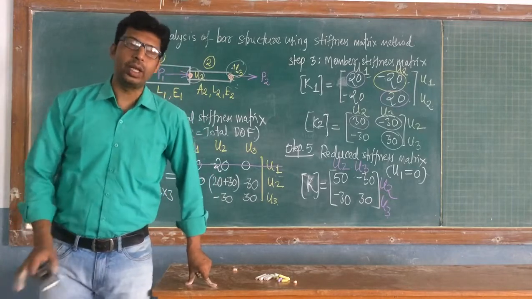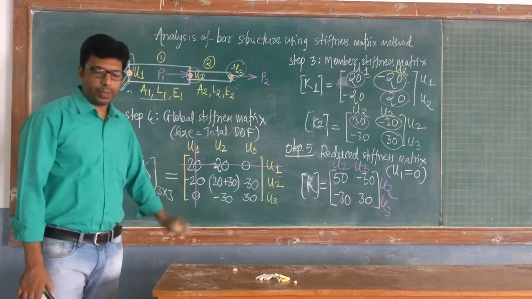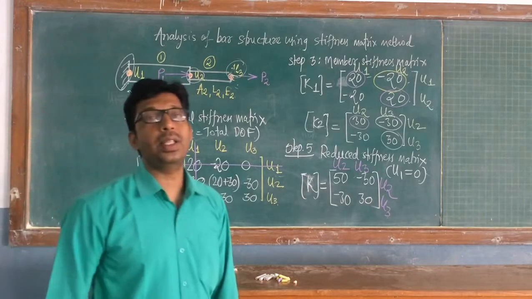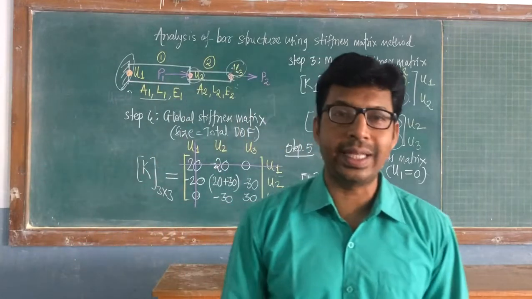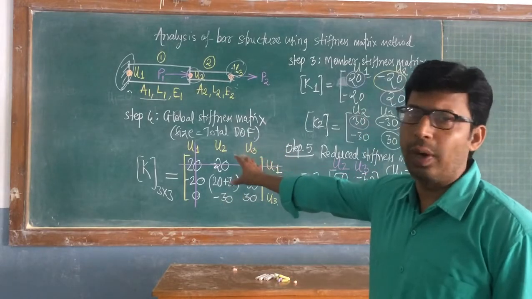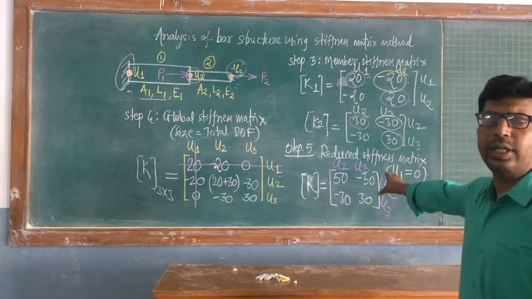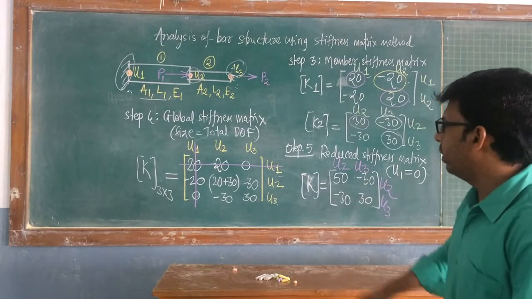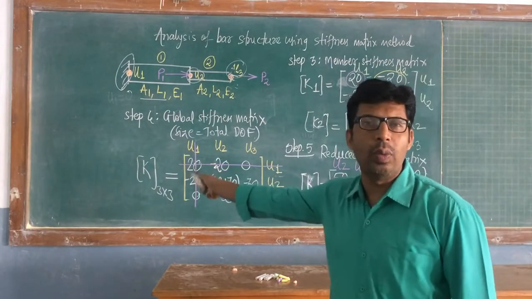The global stiffness matrix takes a lot of time to write down in the examination. So unless it is required, don't write down that global matrix. Directly we can write down the reduced stiffness matrix.